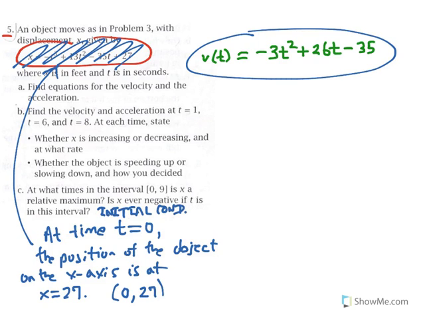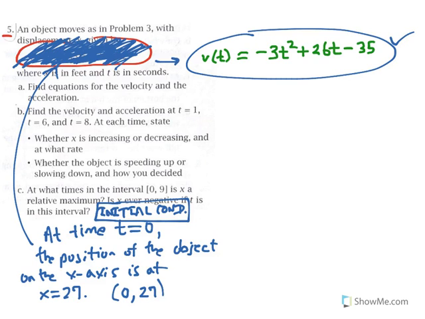So this is called an initial condition. So suppose you have this initial condition about the position function, and you have the velocity function, but you don't know what the position function was. And today you want to find out, what is the position function? How can we find out?